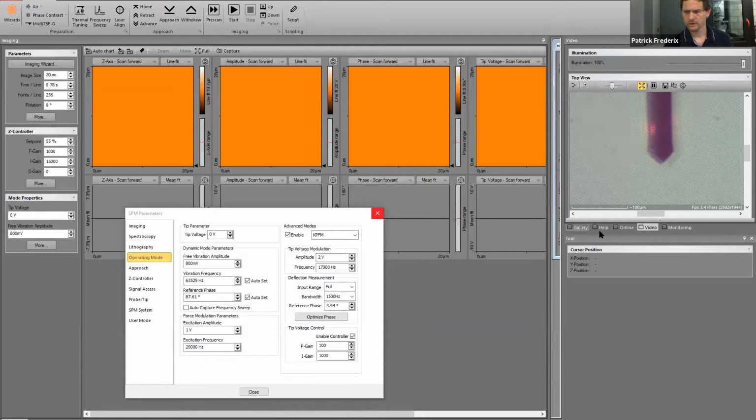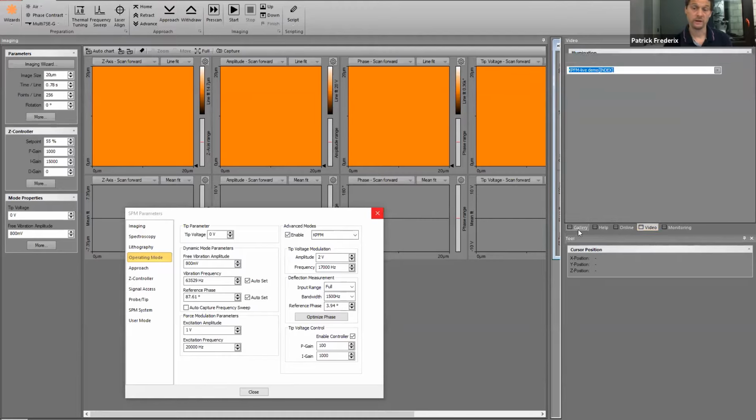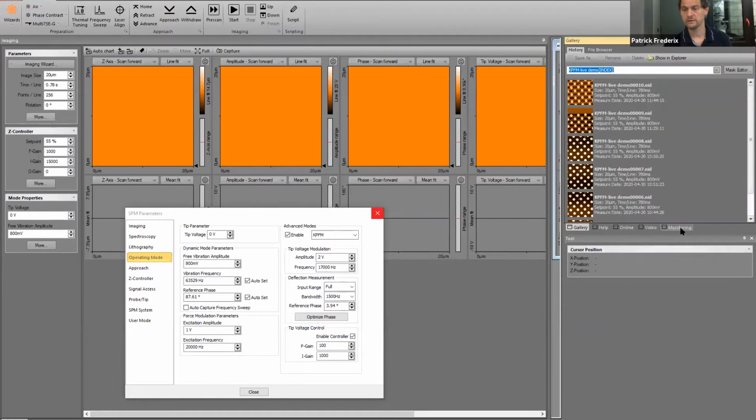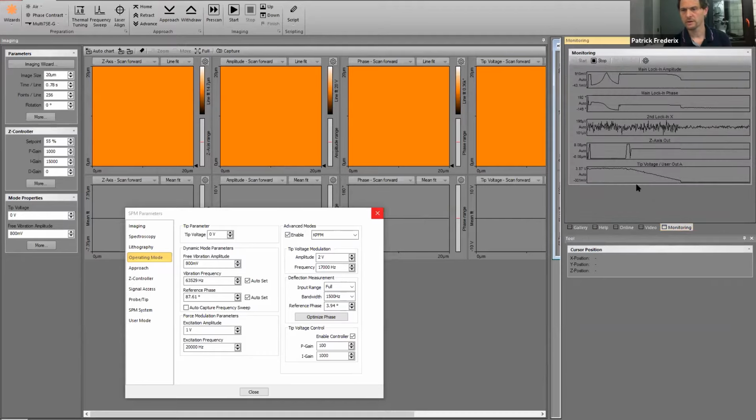In our software, we have different options here. Now we are looking at the video. I can look at the gallery to look at the files I saved, but I also have a monitoring, where, like a scope, I can look at different signals that are occurring in the AFM.